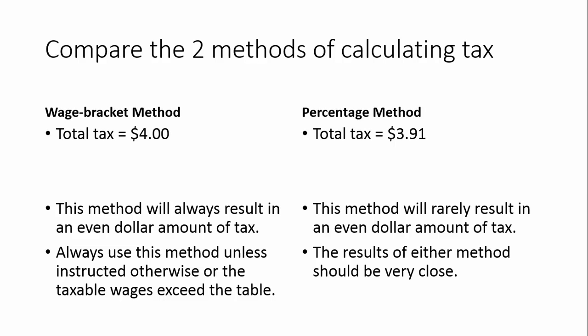It could happen, but it is not normally the case. We always use the wage bracket method unless instructed otherwise, or the taxable wages exceed the table. The result of either method, again, should come out very close.